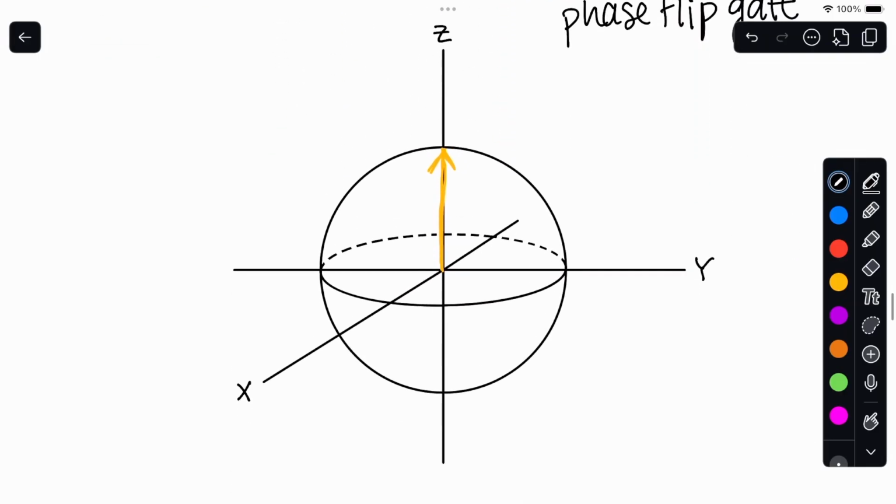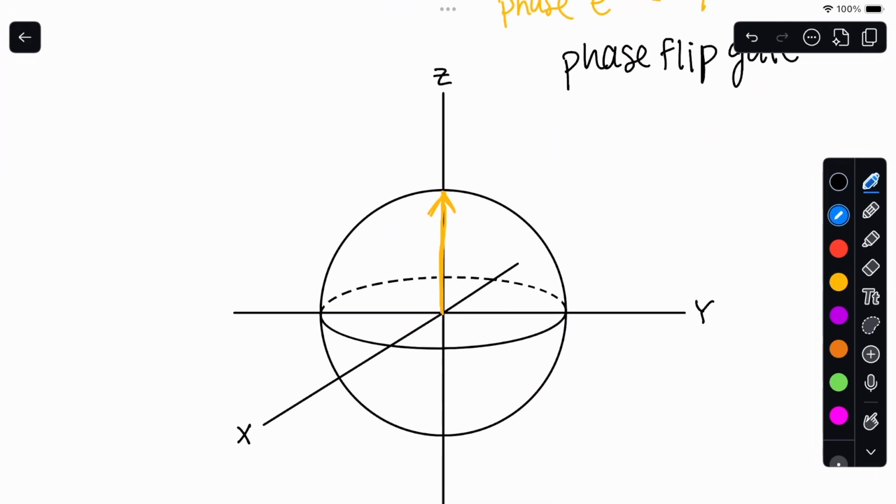We can think about 2 examples of the Z gate acting on a state. Again, it's just going to be like the X gate, a 180-degree rotation around the z-axis. So if we act with the Z gate on the 0 state, nothing will happen. It will just stay where it is because it's just rotating around its own axis.